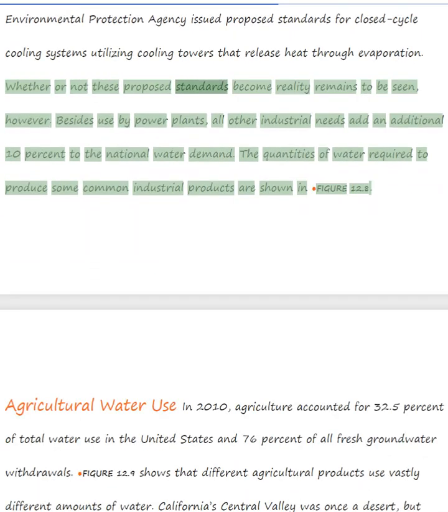Whether or not these proposed standards become reality remains to be seen, however. Besides use by power plants, all other industrial needs add an additional 10% to the national water demand. The quantities of water required to produce some common industrial products are shown in Figure 12.8.